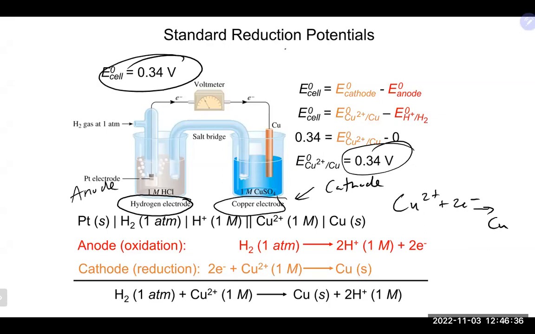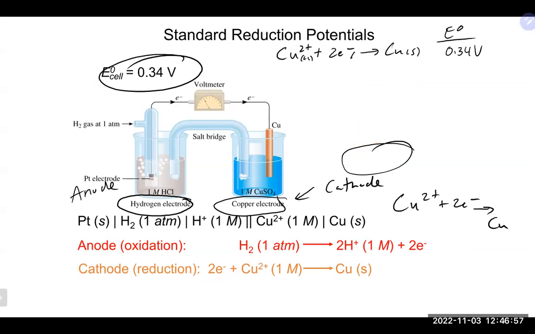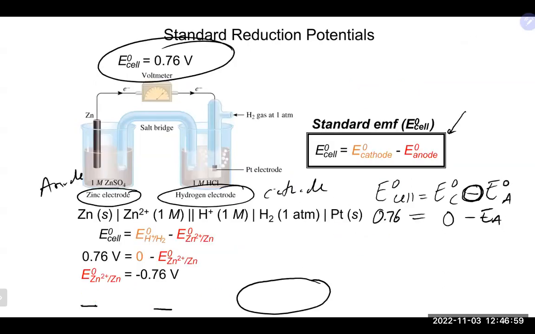The SRP value, when you look it up in the table, and the reaction will look something like this, was 0.34 volts. And before that, we had zinc, right?